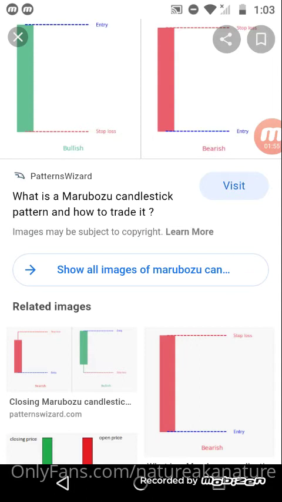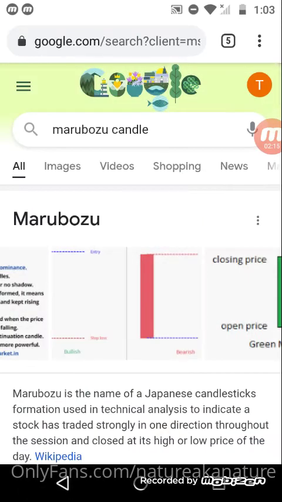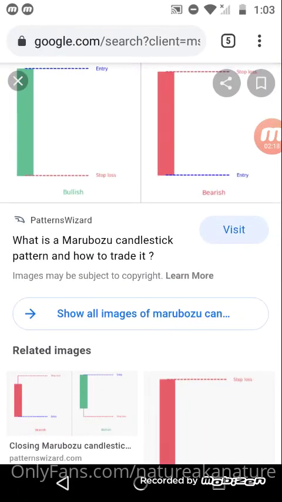I just want y'all to understand: a bullish Marubozo candlestick is going to open where the stop loss is at, and it's going to close where the entry is at.